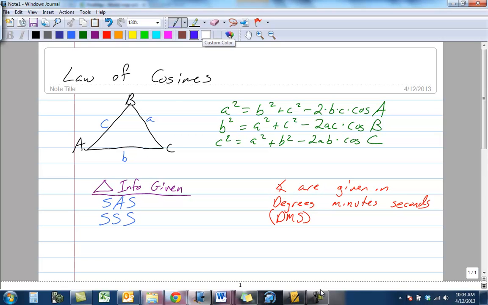I don't know if you ever noticed this, but if you ever looked at a globe or a map, you'll see the degrees latitude will say like 78 degrees, but then it'll also say 42 minutes, 31 seconds. Or you might have heard it in movies: come to 78 degrees, 42 minutes. But for some reason, oftentimes, rather than decimals for degrees, they use minutes and seconds. All right, and we'll talk more about that as we keep going.